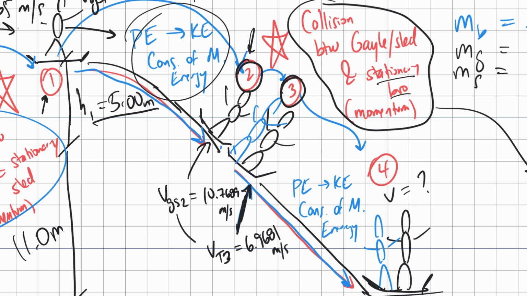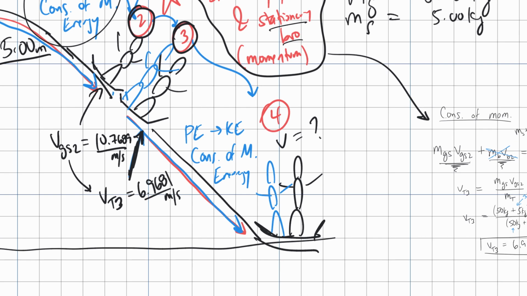Notice that after the collision with something fairly sizable, the brother's 30 kilograms, and they were coming down at 55 kilograms, the brother sped up from 0 to 6.9681 meters per second, and Gayle and the sled slowed down from 10.7 down to basically 7 meters per second. That makes a lot of sense. So now everything is together, and we're going to go the remaining distance from 3 to 4.